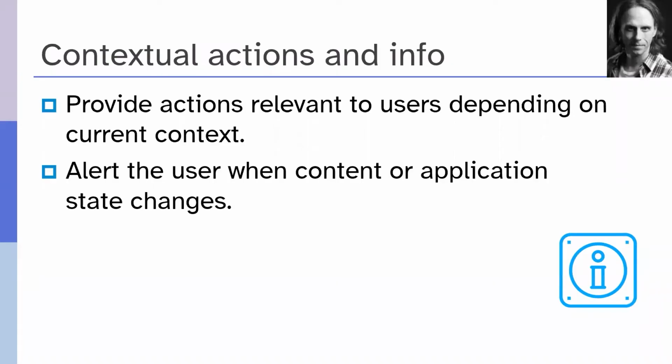Contextual actions and info. This is also important. That stuff that happens in the user interface is communicated back to the user. This can be done in different ways, but I find again that this is especially tricky, of course, when you have non-seeing readers or people with sight impairments.